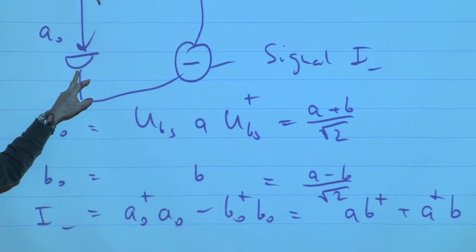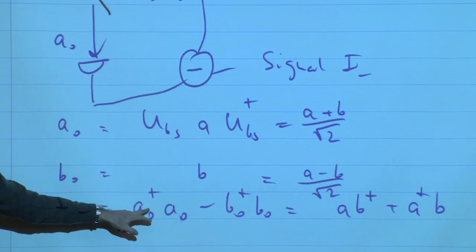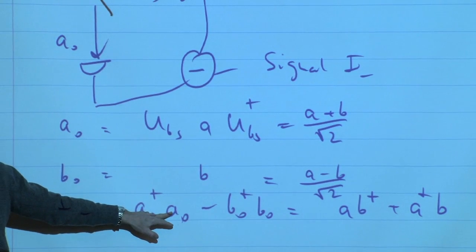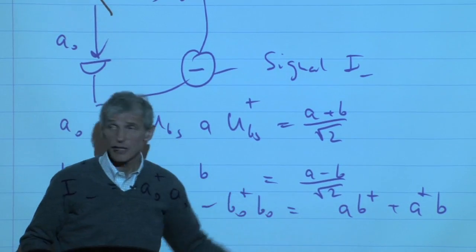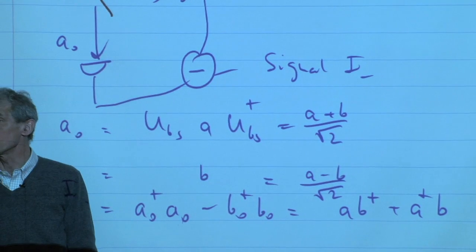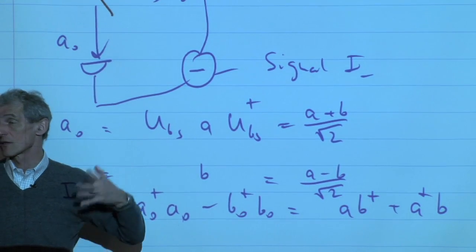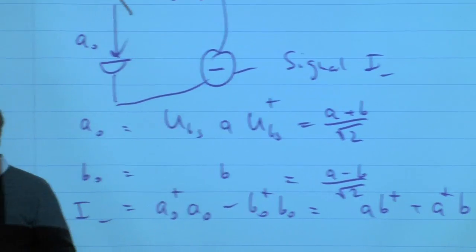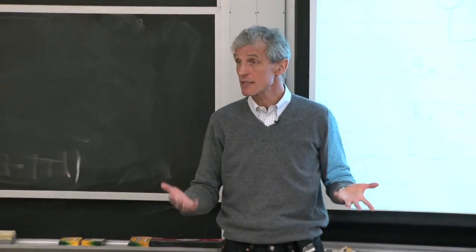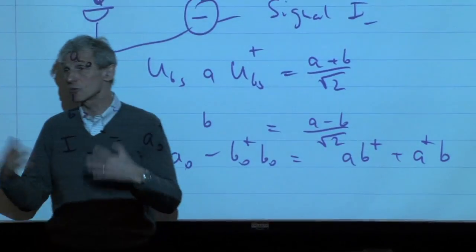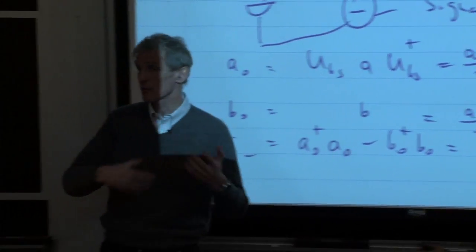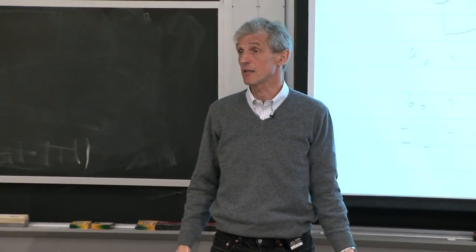You measure the electric field squared, or you have to measure the operator A dagger A, and now you get a cross term between A B dagger and A dagger B. So this is how we multiply two operators, how we get a signal which is proportional to A or A dagger times B or B dagger.